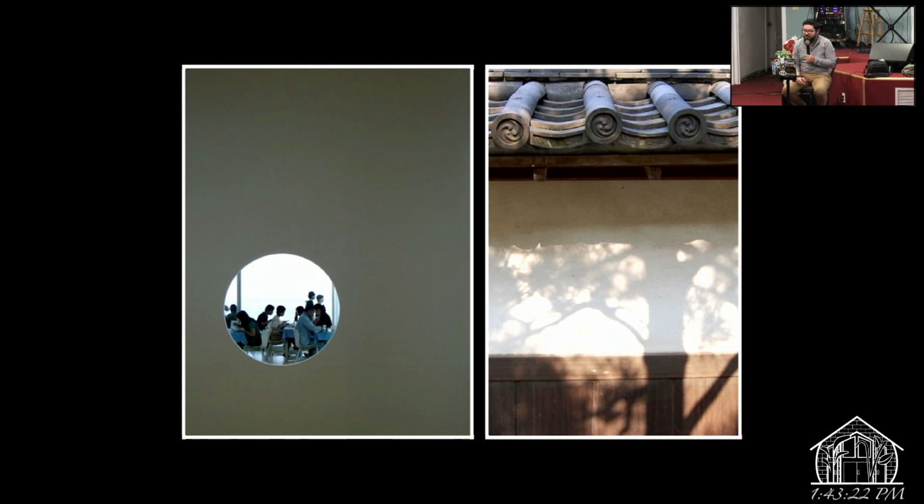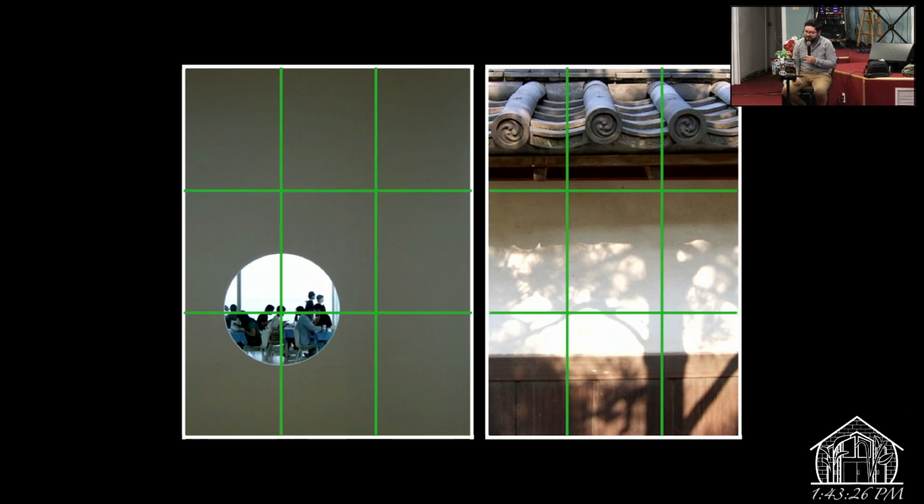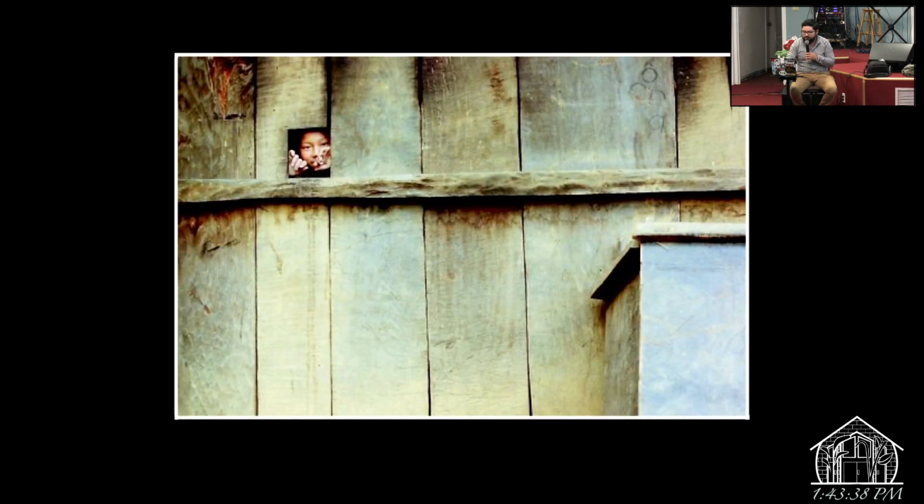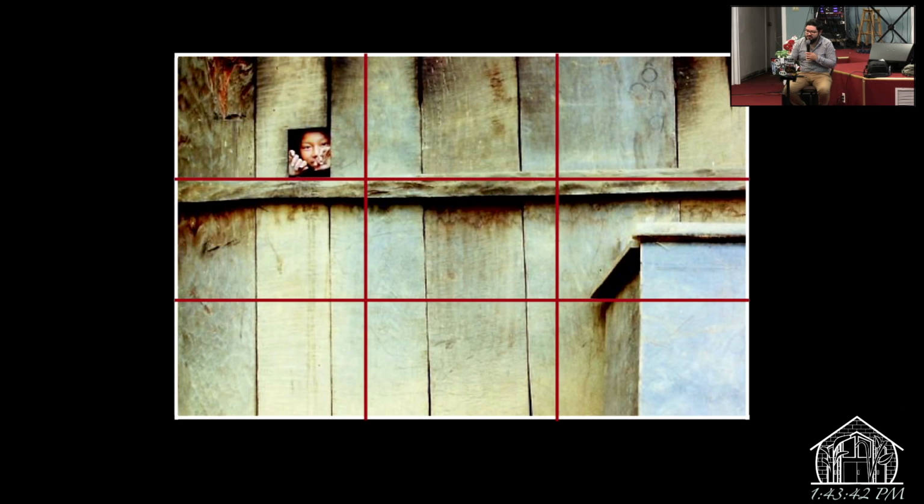Right here, we have another example. So we want to see the rule of thirds. The circle's intersecting right at the little crosshairs. Right here on this right side, we're seeing it's balanced out. It's in the middle. Okay. Rule of thirds. She's right on the upper section.